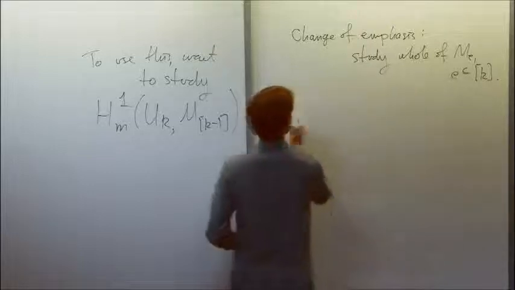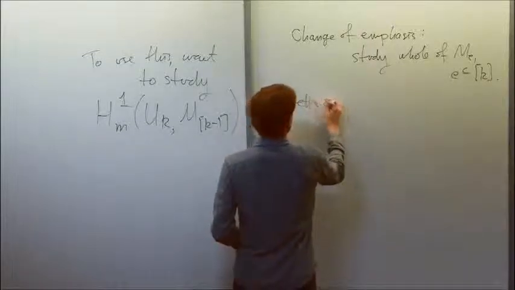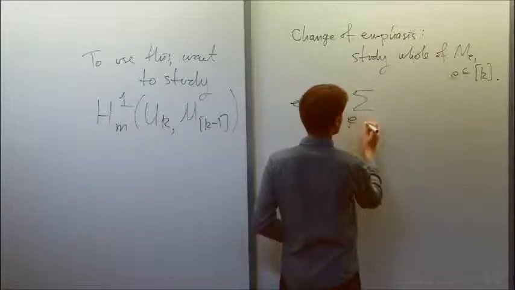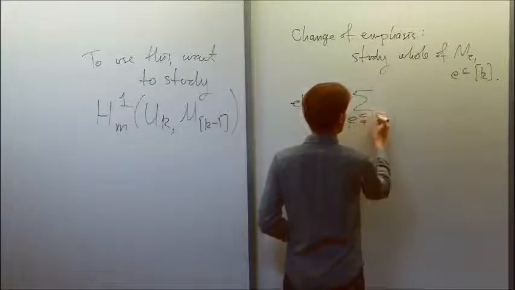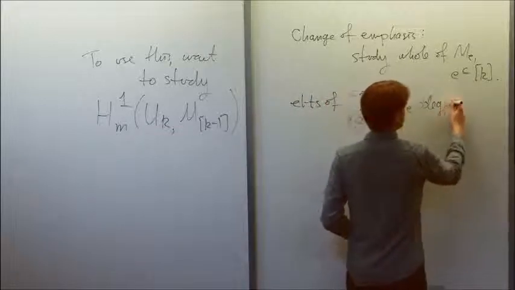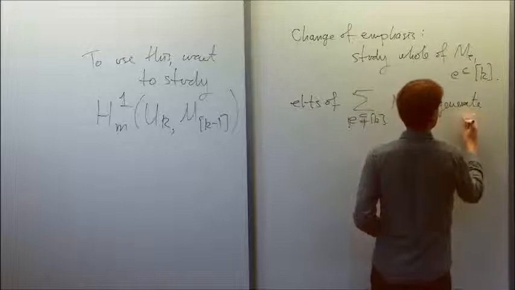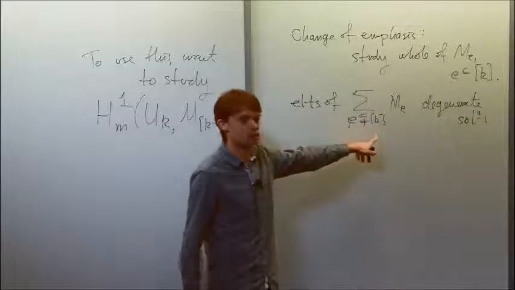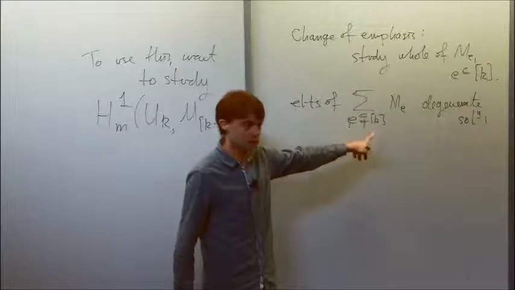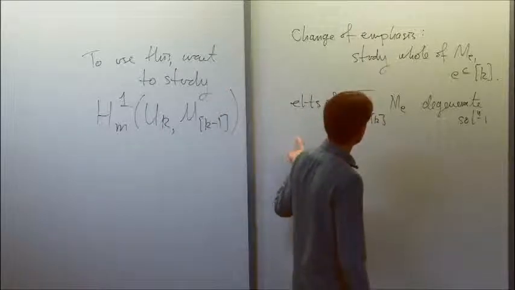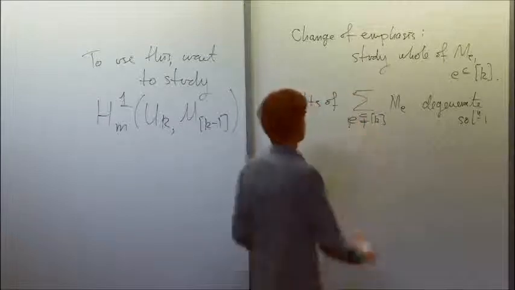So let's say that elements of the sum of all the simpler problems are degenerate solutions. So these are the functions that satisfy the full equation because they can be written as a sum of things that satisfy strictly simpler equations. So the first thing I want to do is understand the structure of M sub k modulo this.